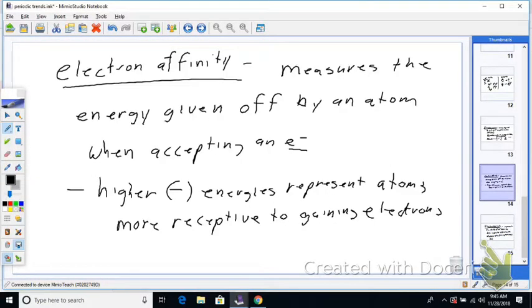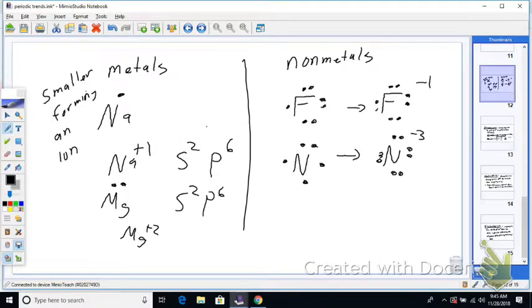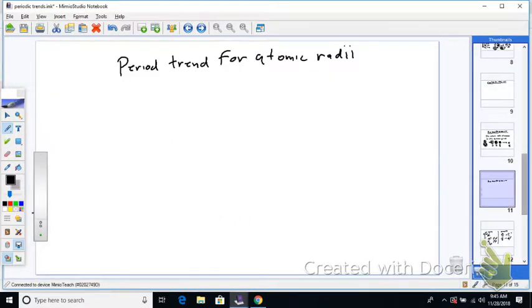And so in a second, I'm going to give you some terms to end things up. We want to look at the period trend, and this is the reason. I didn't have enough room on that.